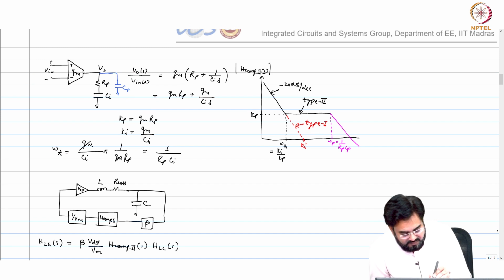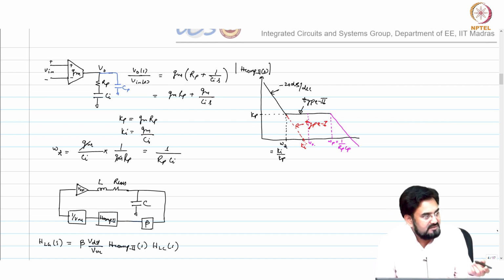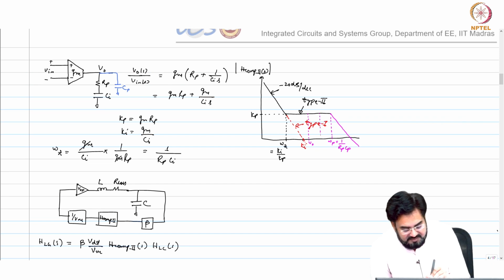So, if this is your omega naught, which is nothing but the resonance frequency, then your UGB will be somewhere here.